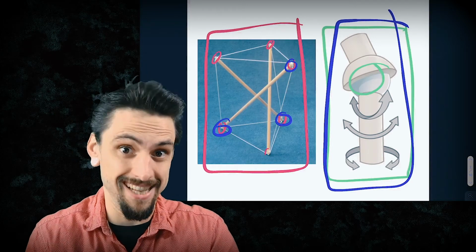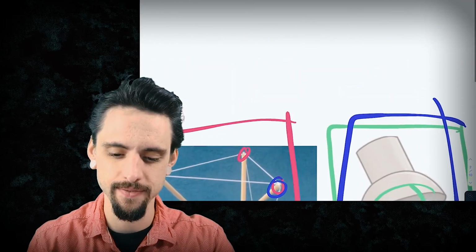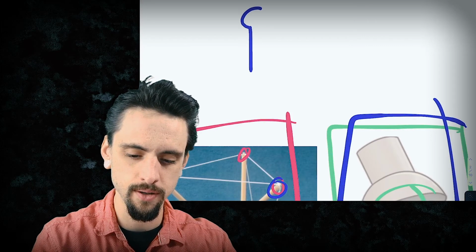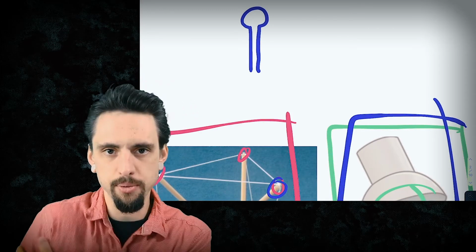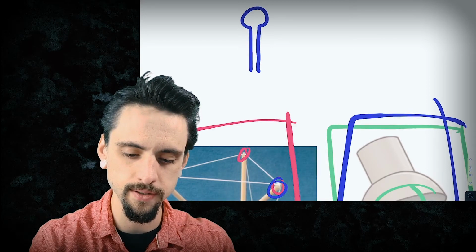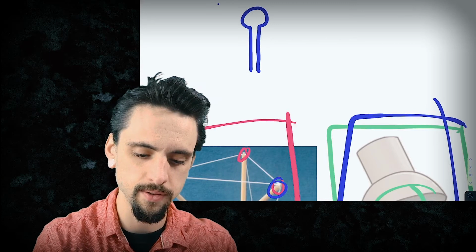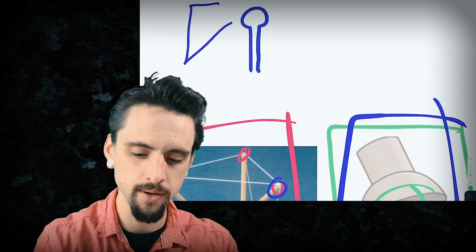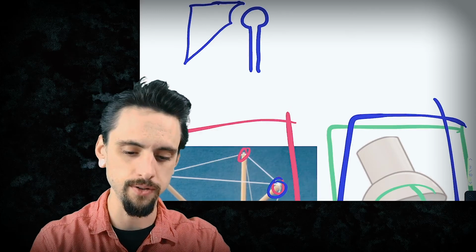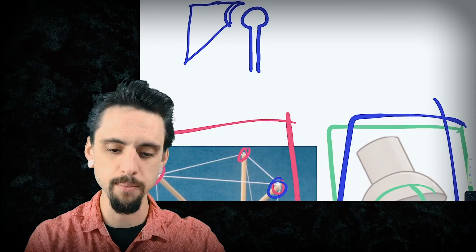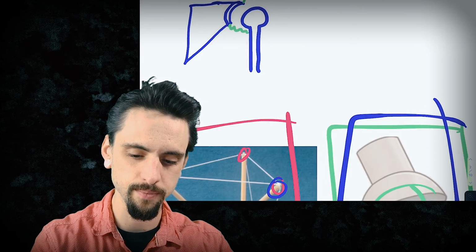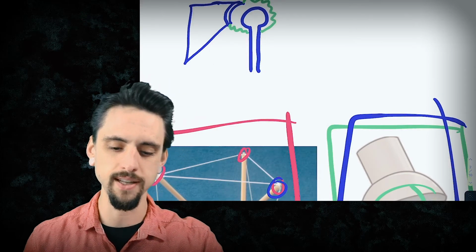Well, it's both, because here's your humerus, this is your upper arm bone, and then here's your scapula with the glenoid fossa. So here's the joint. But then around that, you have a joint capsule. So you've got all this connective tissue.